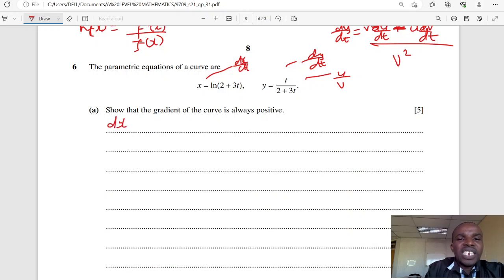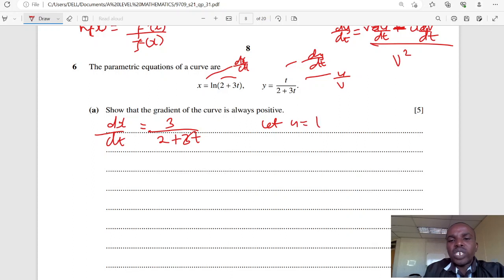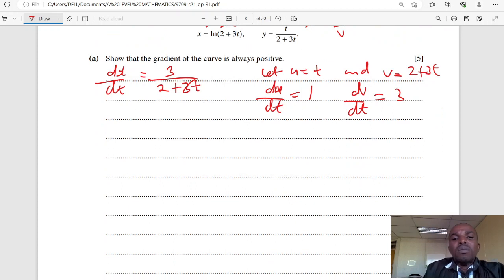So in this case, I can say dx over dt is the derivative of what is inside the bracket, which is 2 plus 3t, is 3 over 2 plus 3t, like this. Then for this one, I can say let u equal t and v equal 2 plus 3t. Then du over dt equals 1, then dv over dt equals 3.